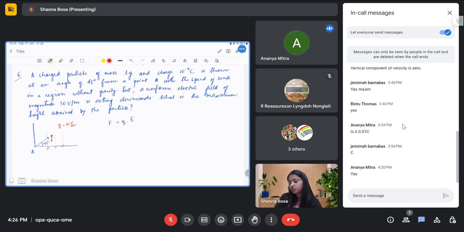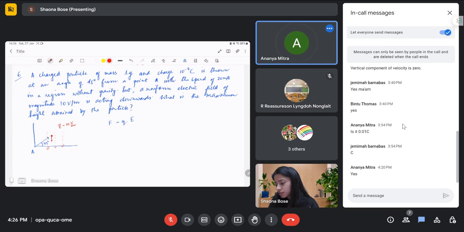Then velocity. Yeah, we have to first measure the velocity along the horizontal component and vertical component. Vertical component, if upward direction is y direction, so Vy equal to speed 20 into sine 45 degrees.